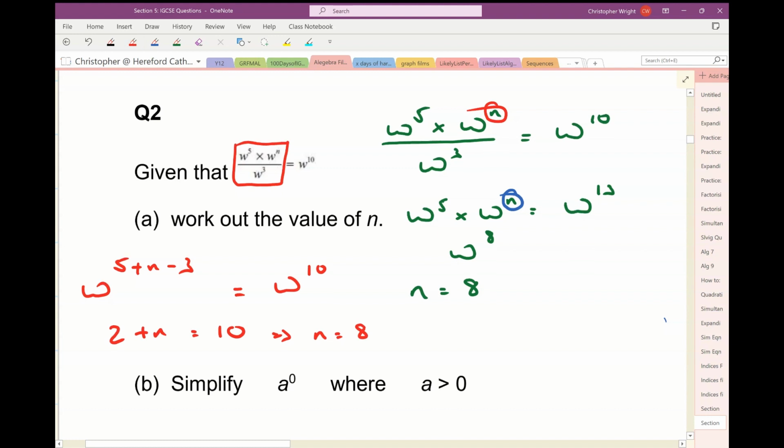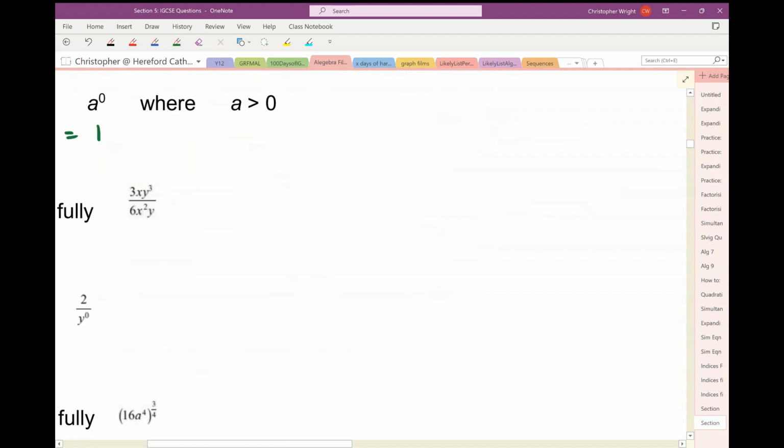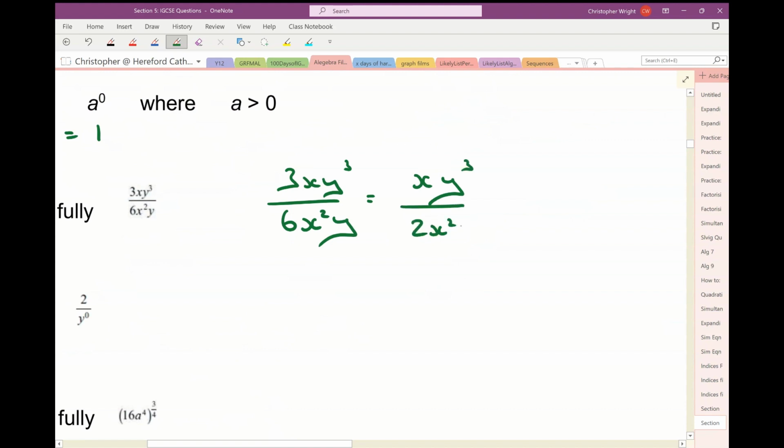Okay, part B. Simplify a to the power of 0. Well, a to the power of 0, anything to the power of 0, is equal to 1. And part C here, I've got a fraction, 3xy cubed divided by 6x squared y. What can I divide the top and bottom by? Well, first of all, by 3. Leaves me with that.